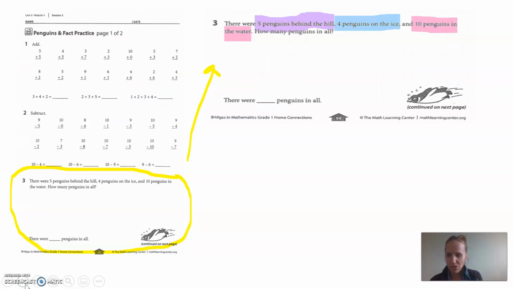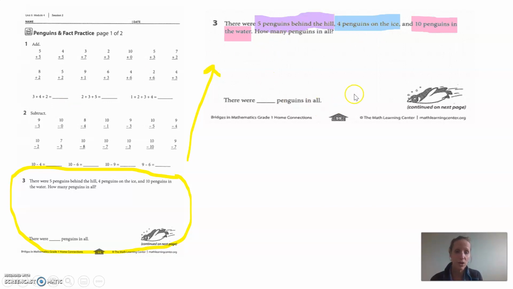Okay, on page 99 you have some math practice with facts, so adding and subtracting. The difference here with math facts that you've done in the past is you haven't had a ton of practice in your packets with add-ons more than 2. So this is great practice for you today.